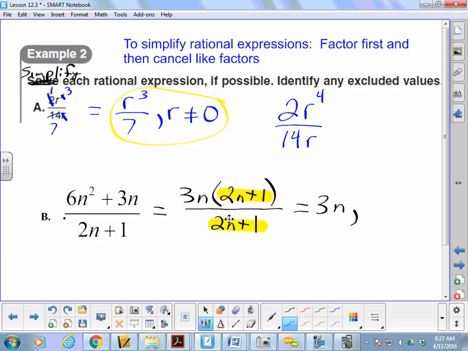But now I need to look at the excluded value. So I need to take that denominator and find out where it equals 0, because that's an excluded value that we can't let be true. So when does 2n plus 1 equal 0?